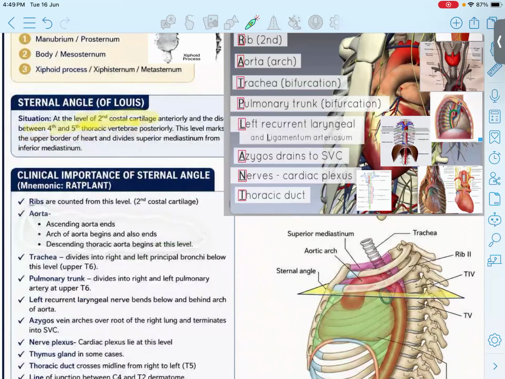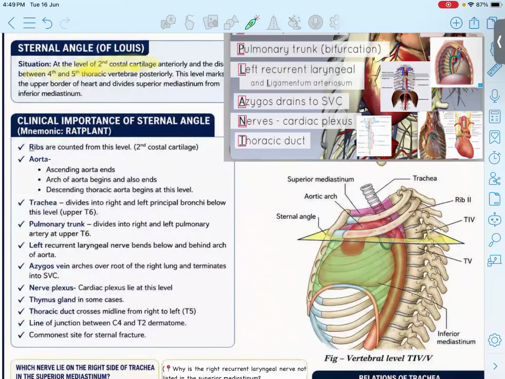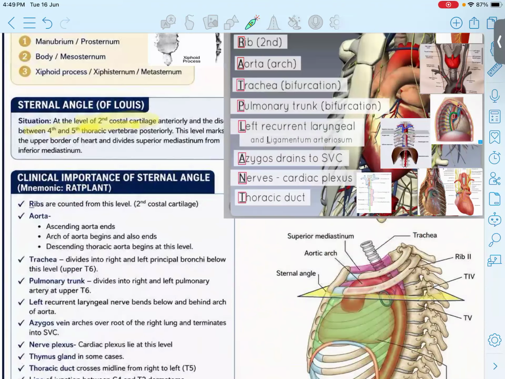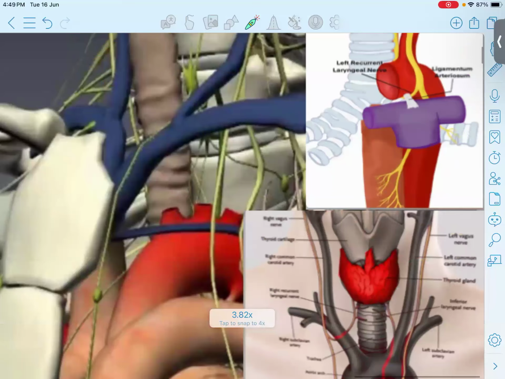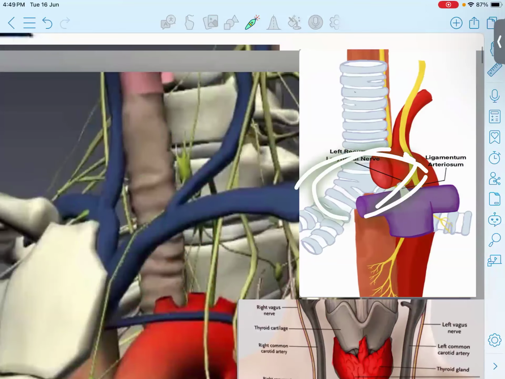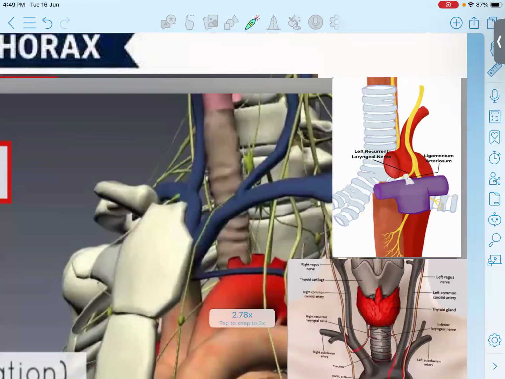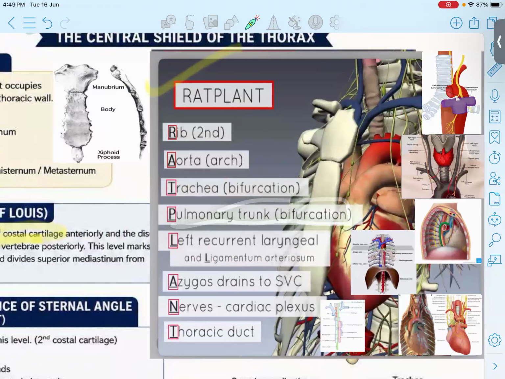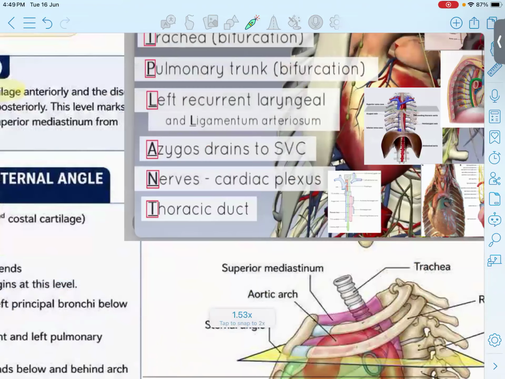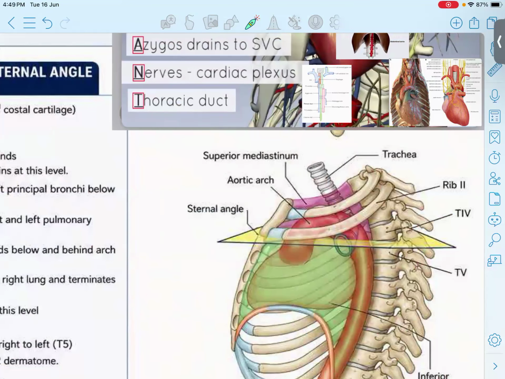Then T is trachea. The trachea bifurcates here into the 2 main bronchi. Then P, the pulmonary trunk. Just where the arch of aorta begins, the pulmonary trunk also bifurcates.